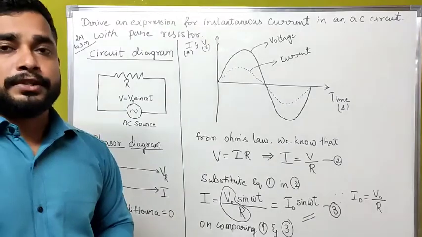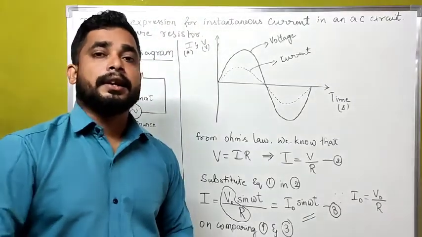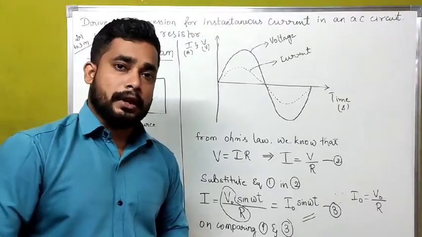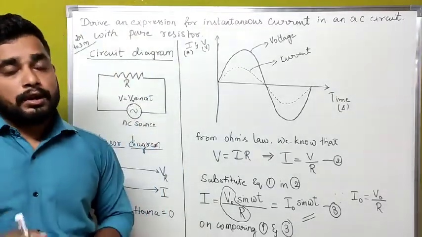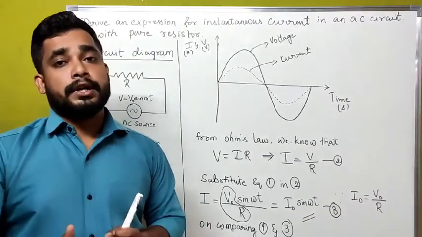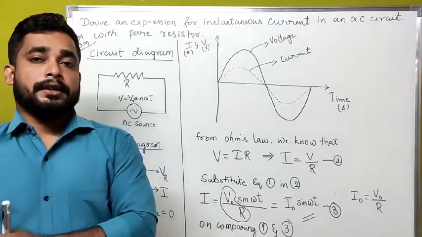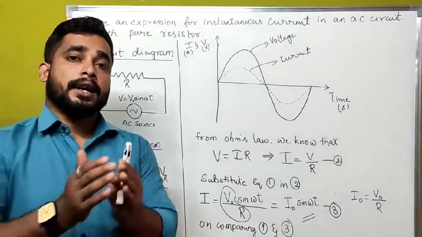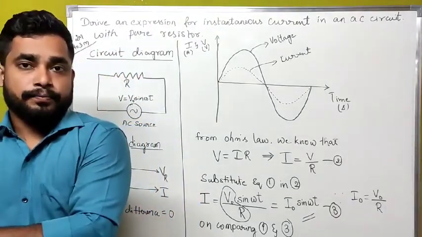Next topic is: derive an expression for instantaneous current in an AC circuit with a pure inductor, or we may call that also like this: show that current and voltage have a phase difference of 90 degrees if we are connecting a pure inductor to the alternating current circuit.